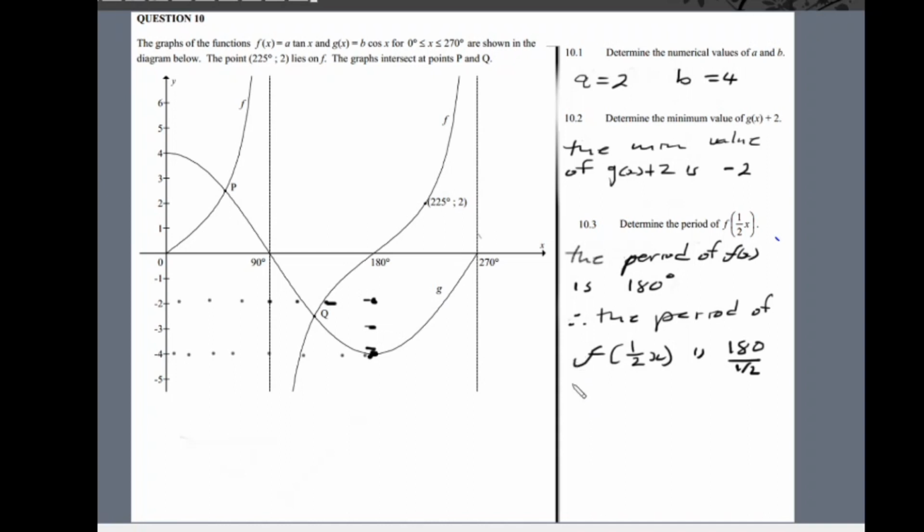So the period of f of 1 over 2x is 360 degrees, right?